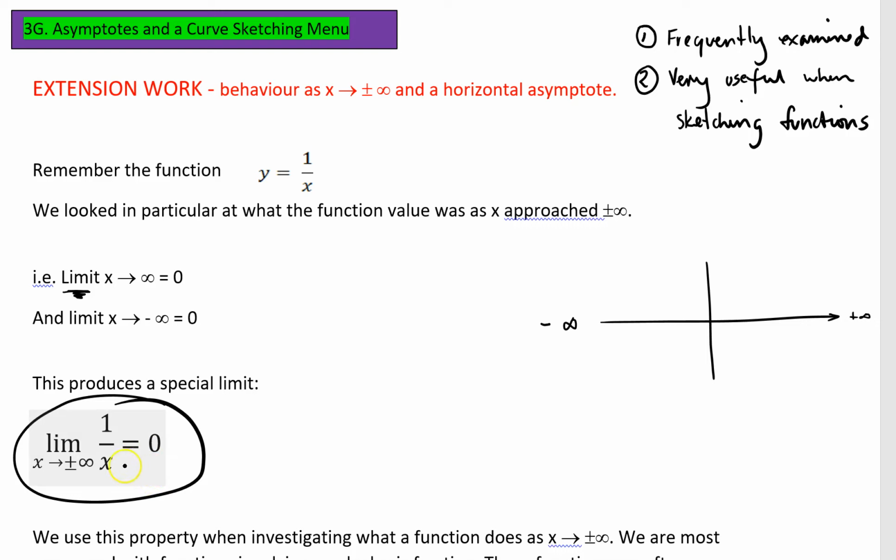Now, in investigating the behaviour as x approaches plus and minus infinity, we're going to look at what this limit is. And then the limit will actually tell us the value of the function. It's the limiting value of the function.